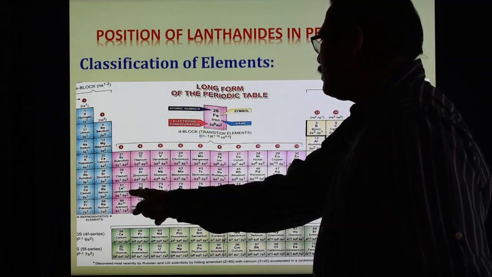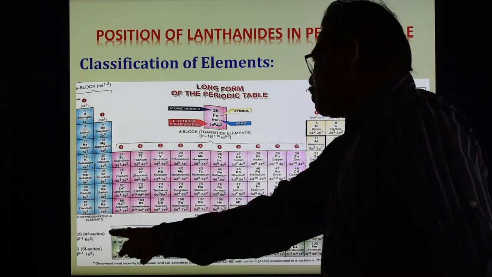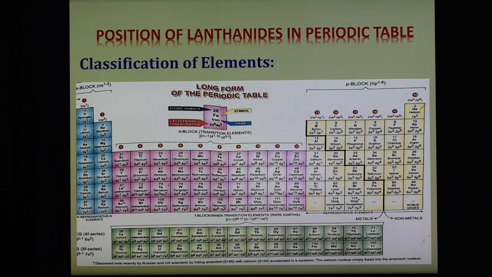The position is here, but there is no space, and therefore they are shown separately at the bottom of the periodic table. They are known as F block elements, or inner transition elements, because they are present inside the transition elements. And therefore these 15 elements, from lanthanum to lutetium, atomic number 57 to 71, are called lanthanides, or also known as rare earth, as shown in the periodic table.